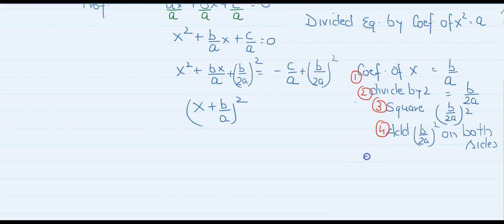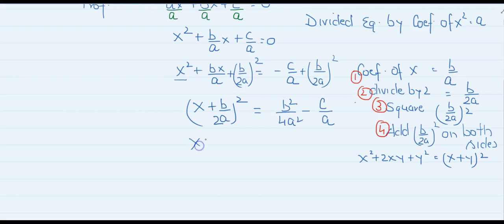You must know the formula x² + 2xy + y² = (x + y)², where the product of these two is multiplied by 2. So now the right side we can write as b²/4a², the square of 2 is 4, minus c/a.